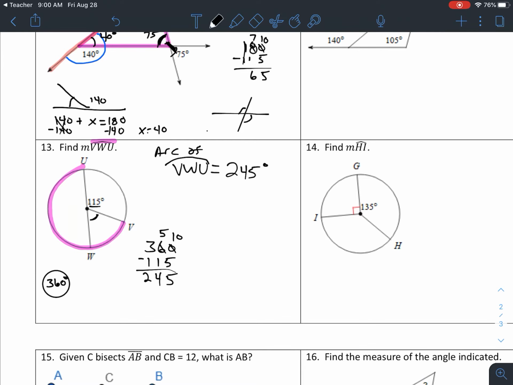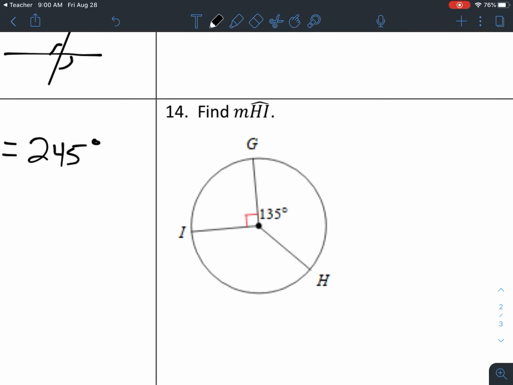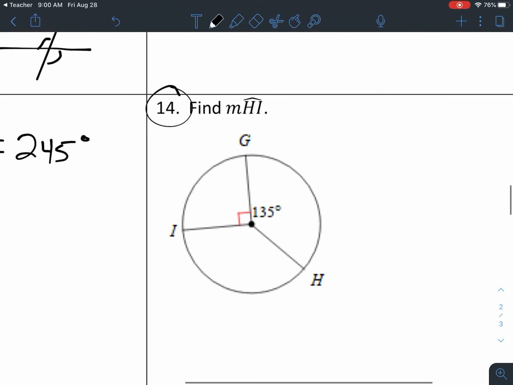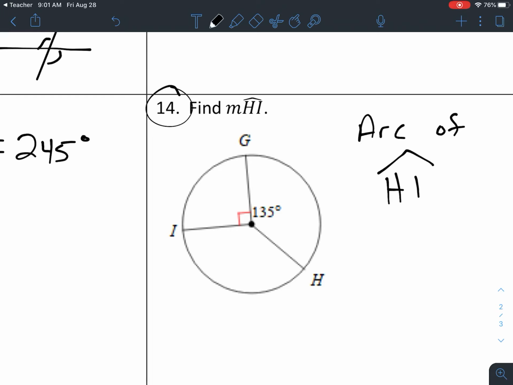Okay, now I want you guys to do 14. You're finding the arc of HI, and I want you to tell me how many degrees it is. So you're trying to find this one right here. I'll give you a hint.